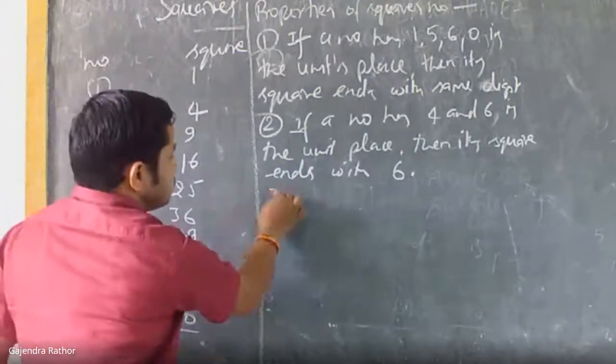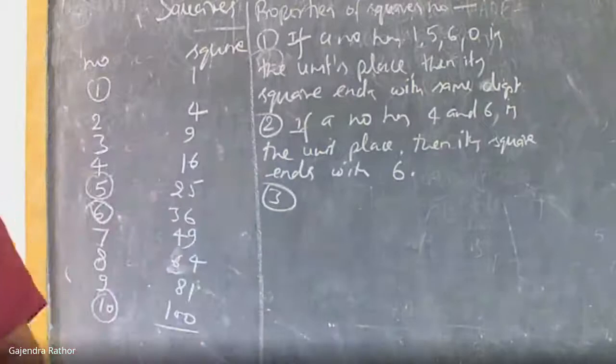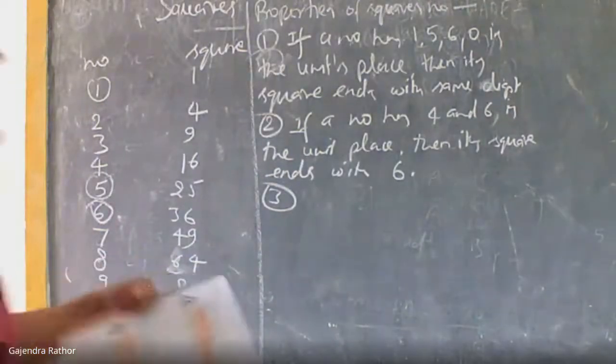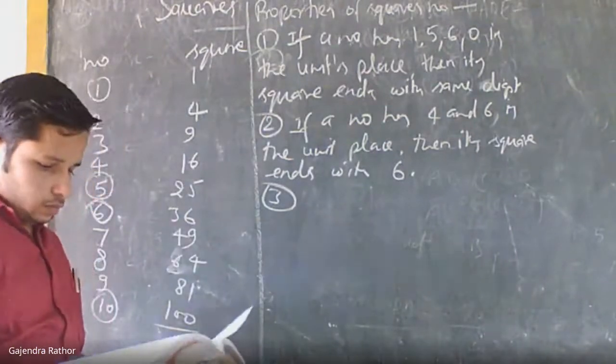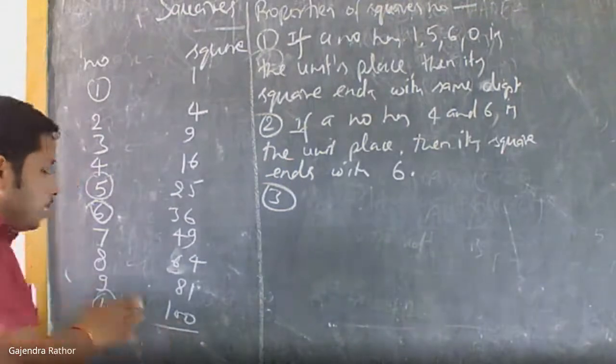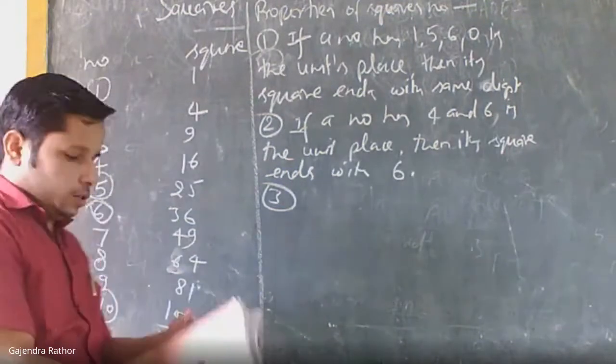Let's continue. Third property, regarding the number of zeros.